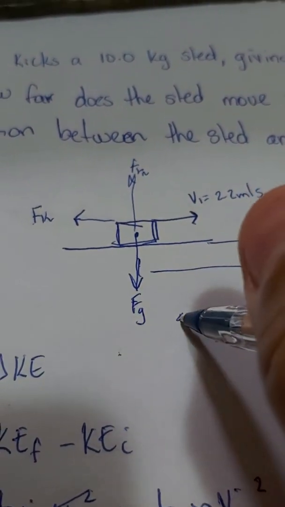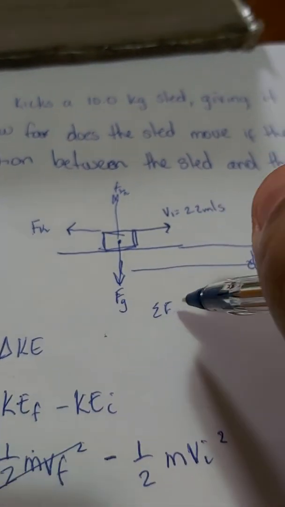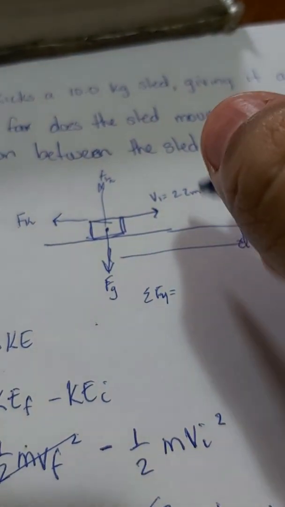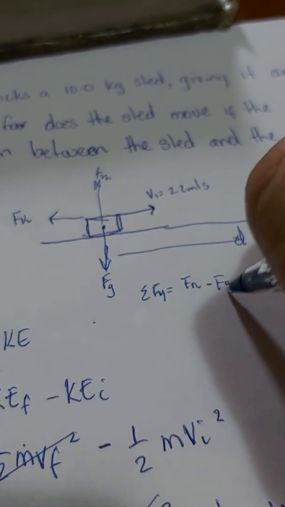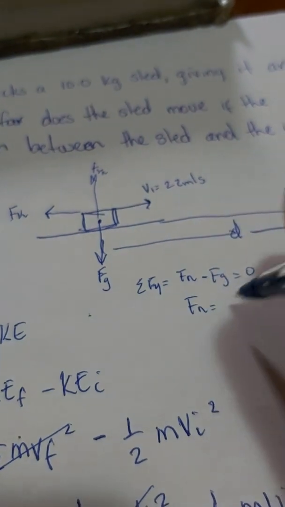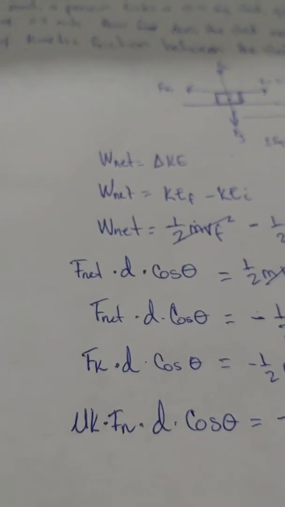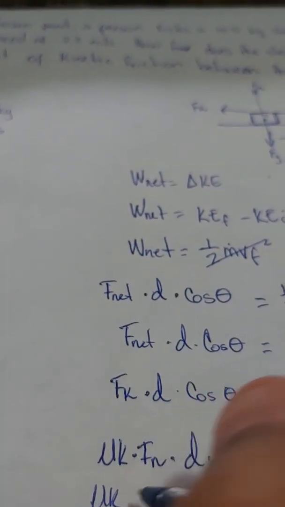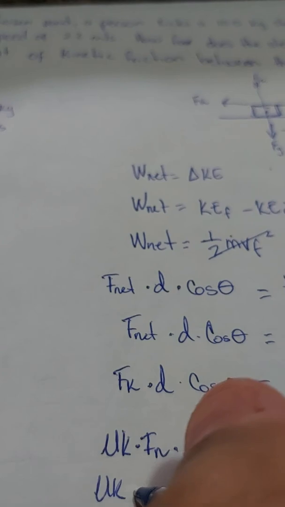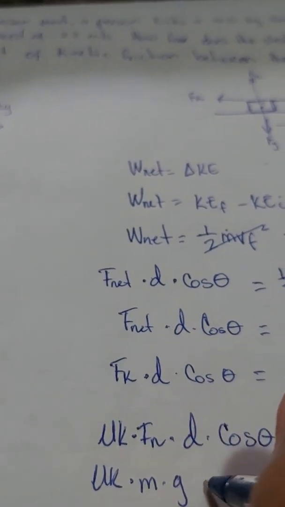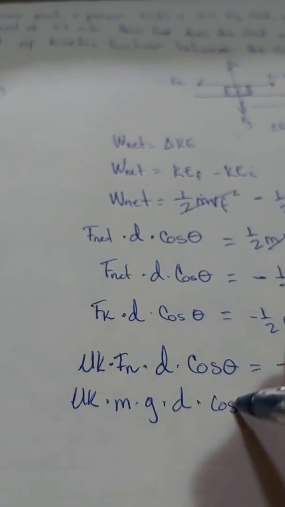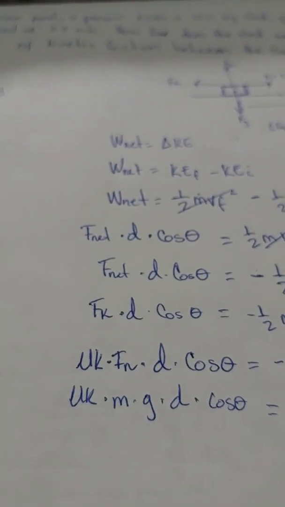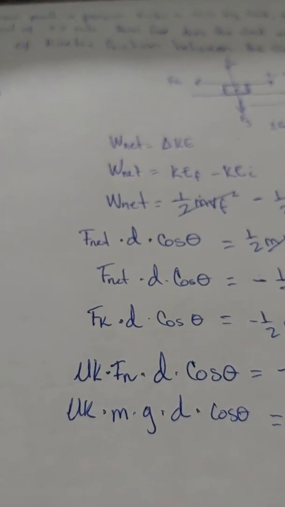Remember, the summation of forces in y is normal force minus gravitational force equals 0. So normal force equals the gravitational force, and gravitational force is equal to mass times gravity, times displacement times cosine of theta equals negative 1/2 mass times initial velocity squared.